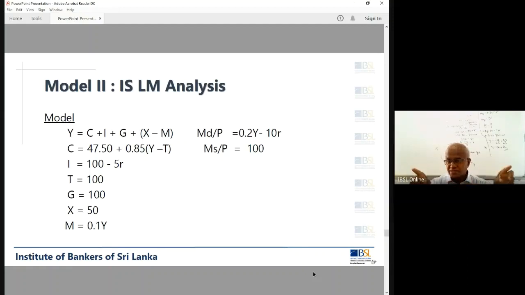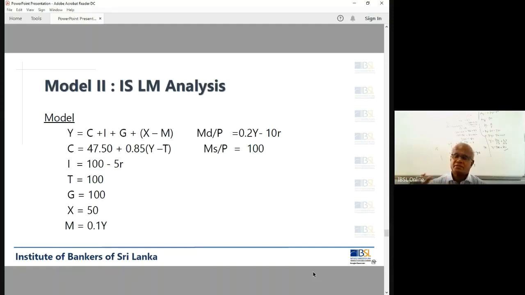The other term they use is contractionary fiscal policy: government expenditure coming down and taxes increasing. That affects the IS curve. Similarly, you can use expansionary monetary policy, where the money supply increases.